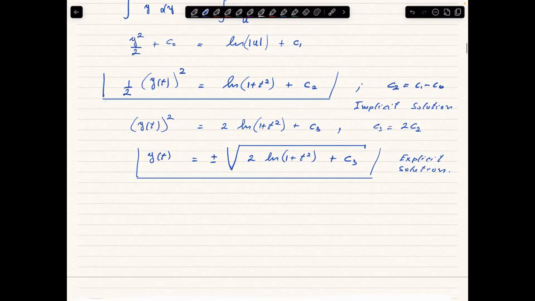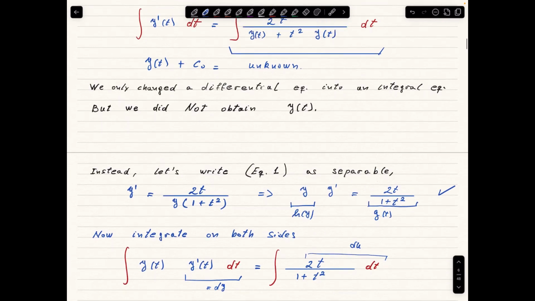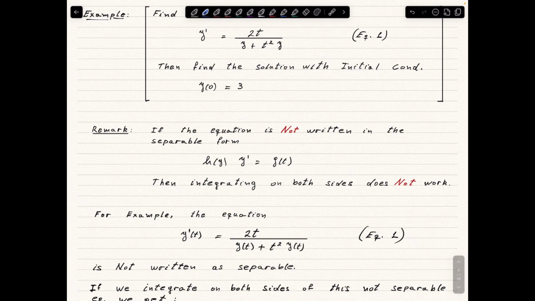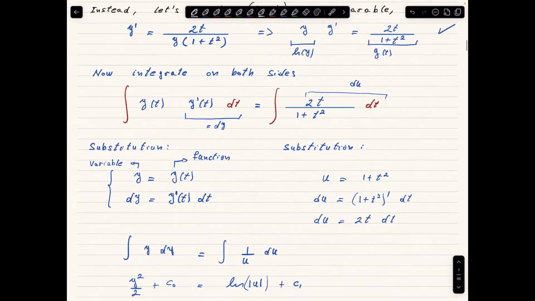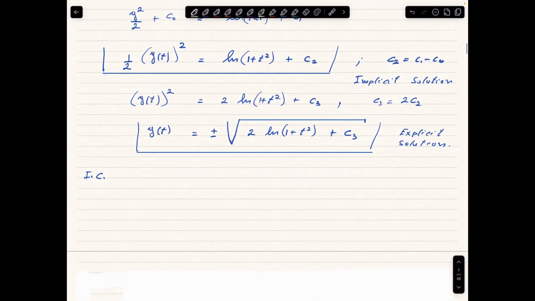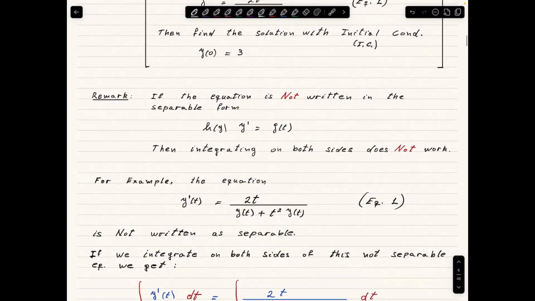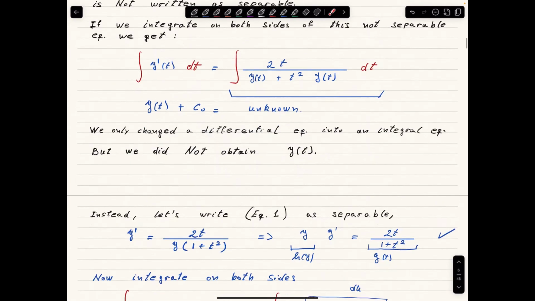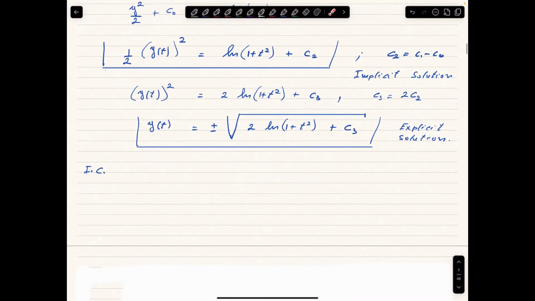That is nice. And now we have an initial condition, isn't it? Let's write it down like this: IC, which is short for initial condition. What is the initial condition, by the way? It is that 3 is equal to the solution at 0. So that should fix this constant, c3.